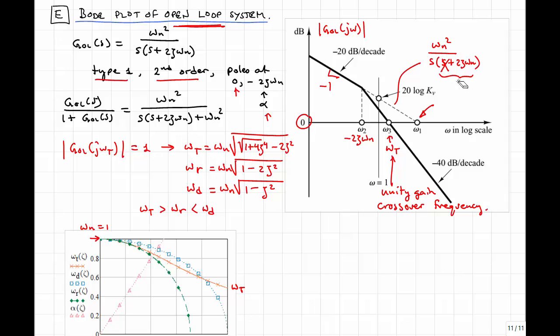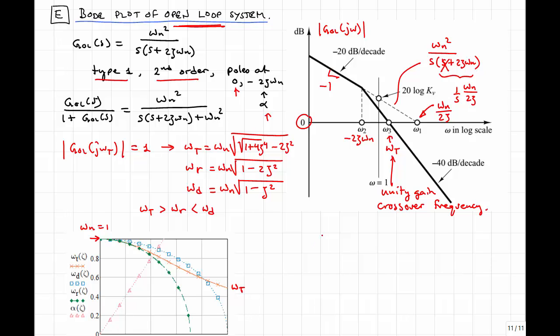So this is equal to omega n over 2 zeta times 1 over s. Okay. Now this will have a magnitude of 1 when that is equal to 1, which means that s, or the frequency, is going to be equal to omega n over 2 zeta. That's what that frequency will be.